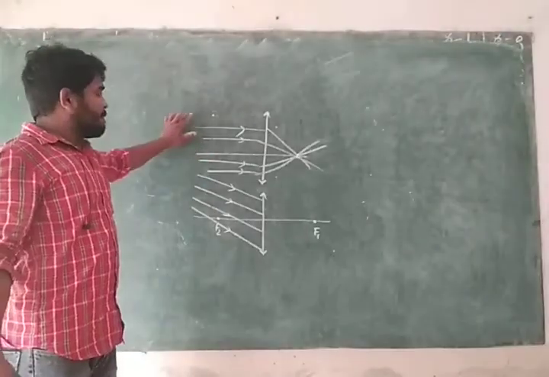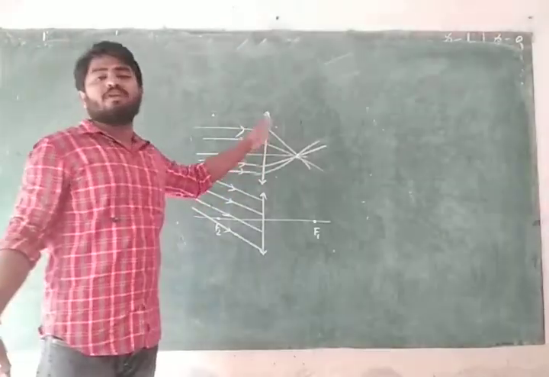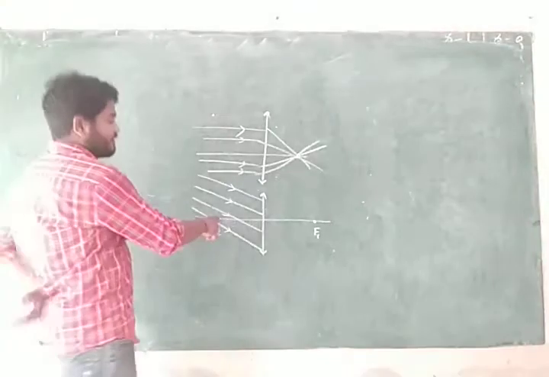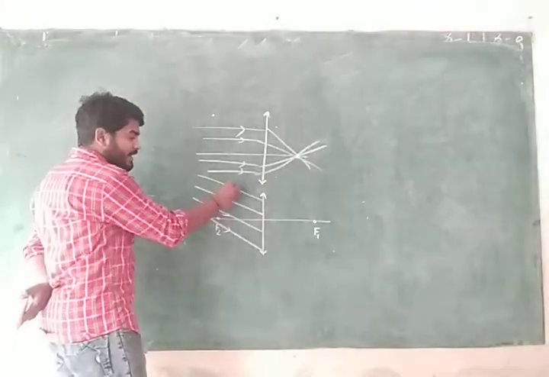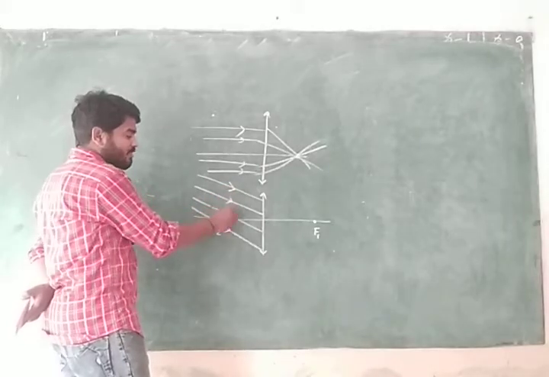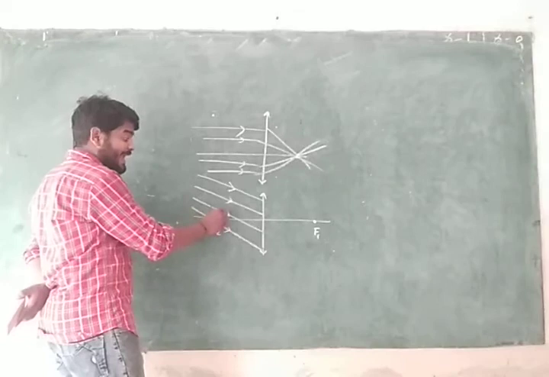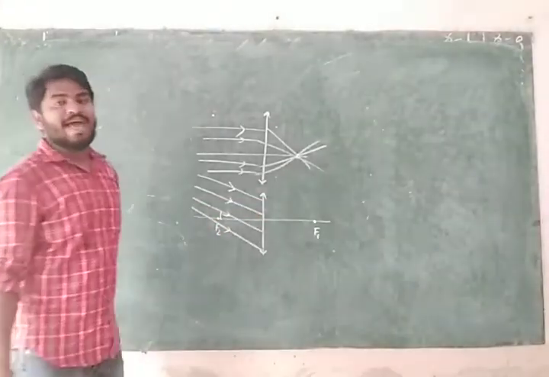Here, the parallel beam of light is incident on the biconvex lens parallel to the principal axis. But here, in this condition, if you observe carefully, the parallel beam of light is incident on the lens making a certain angle with the principal axis.